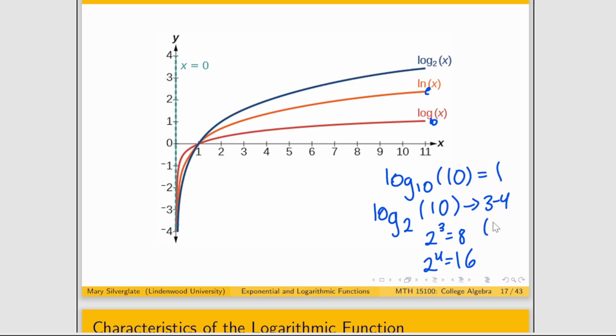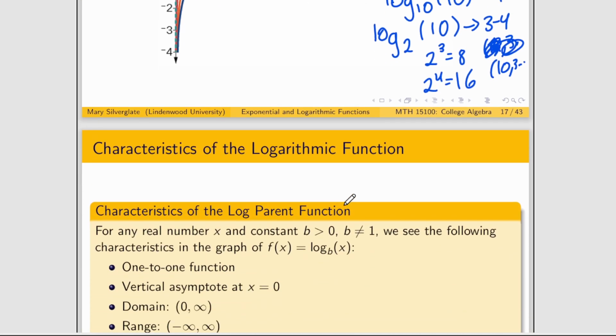So you would end up with something like 2 comma 3 point something, 10 comma 3 point something, versus 10 comma 1. So that's why it sort of flattens out, because you're now having to deal with bigger and bigger x values for smaller and smaller y's essentially. So this is the mental image that you should have, that we should be getting flatter and flatter closer to that x-axis as that log base gets bigger.